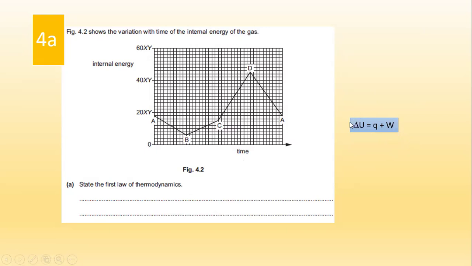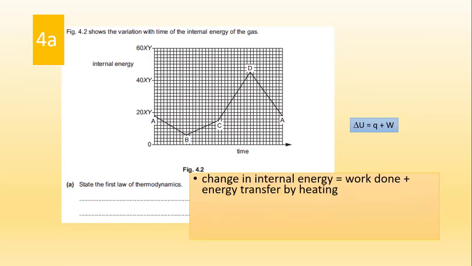Basically, they are just using this formula, but the marking scheme demands it slightly differently. You have to say change in internal energy equals work done plus energy transfer by heating.